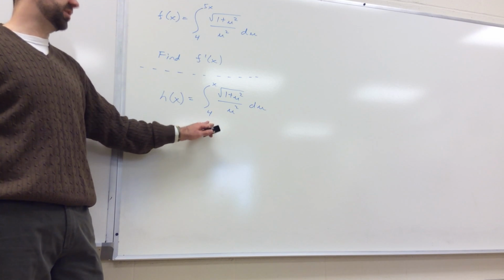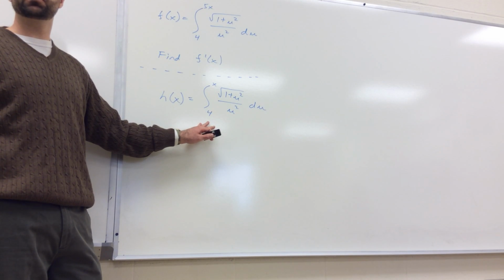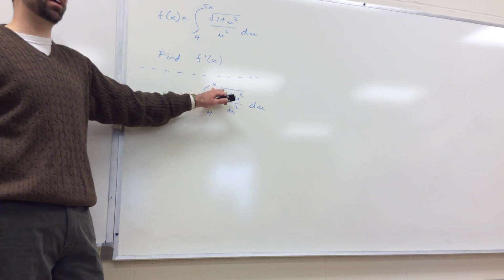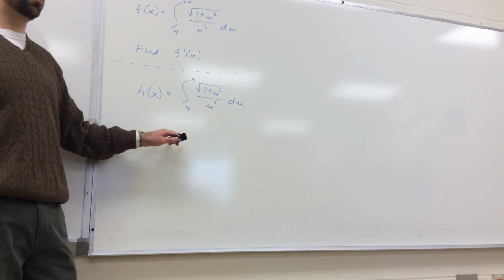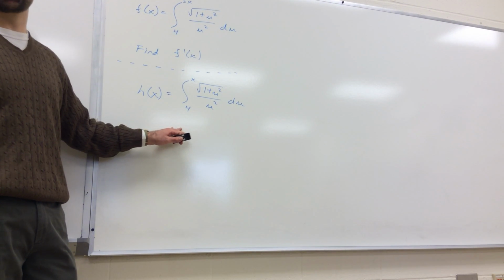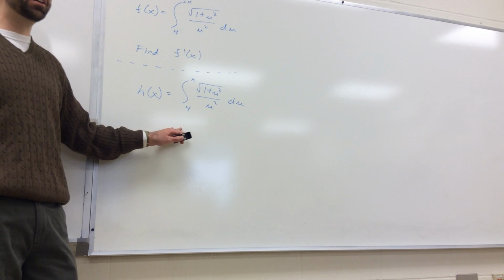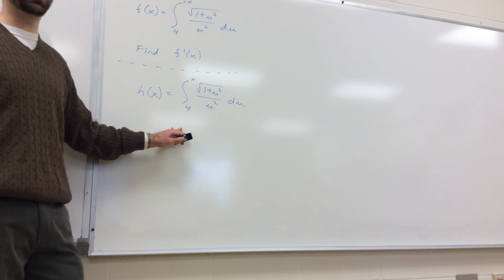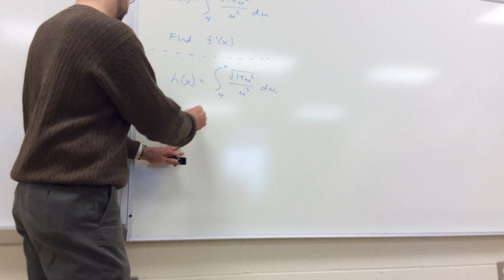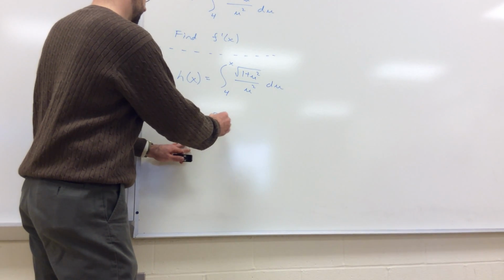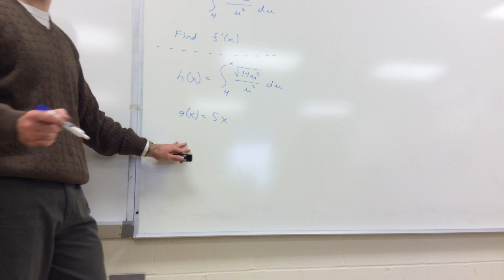So why do we like this function better? Because we know how to take the derivative of this function, because there's just an x there. But we don't like this function because it's not actually the one we're trying to take the derivative of. So we're making an exchange there. Okay, now I'm going to have g of x be this function, 5x.